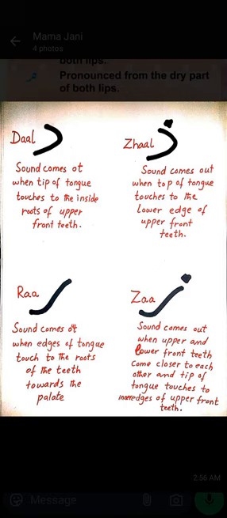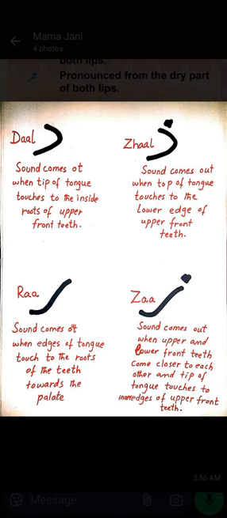My dear sisters, today, Alhamdulillah, we are going to learn some other Arabic alphabets. We are learning their shapes and their sounds' origination, from where their sounds originate in our mouth, and also the difference between the alphabets, the difference by their dots, the difference by their shapes.